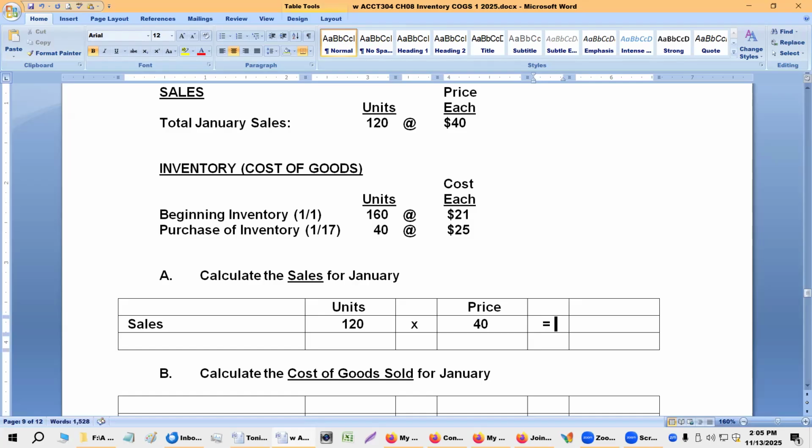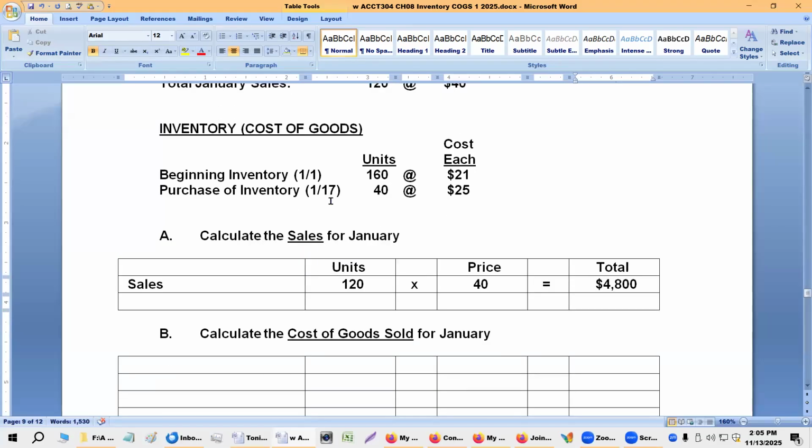And so this will equal our total sales, 4,800. Yes, 4,800. Okay, so this is our dollar sales with 4,800.